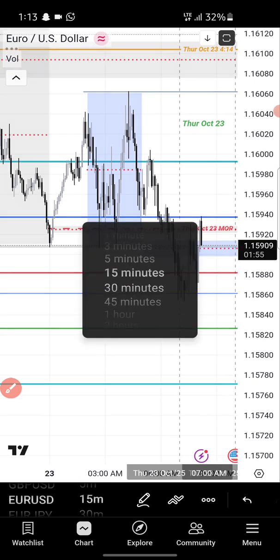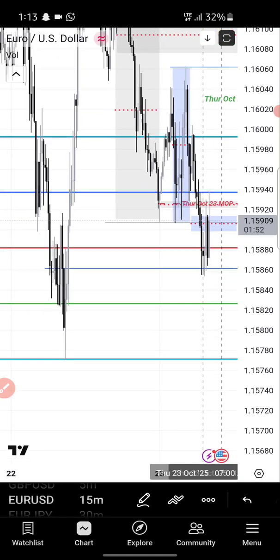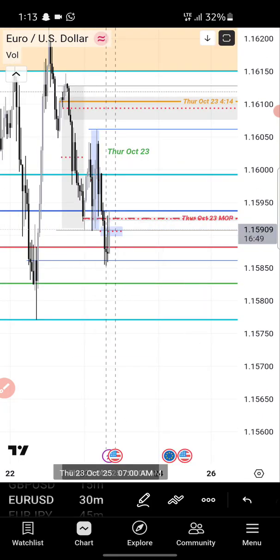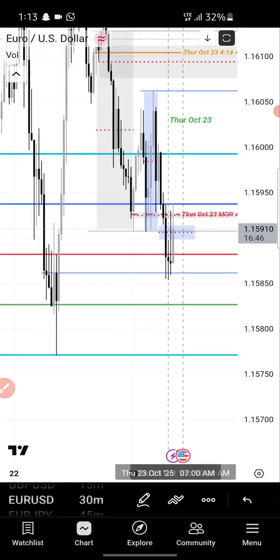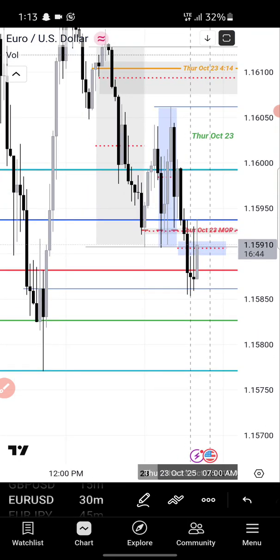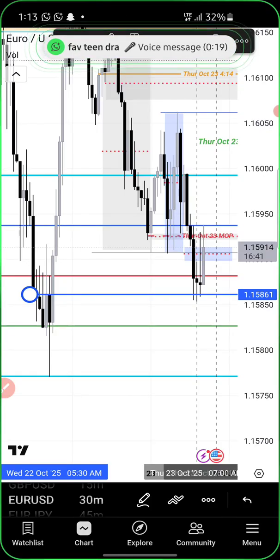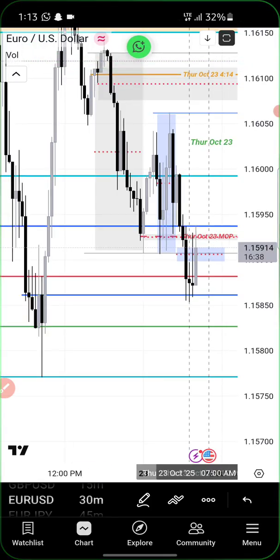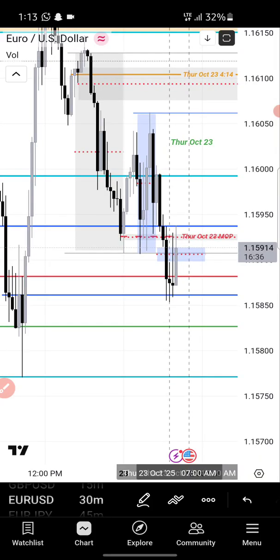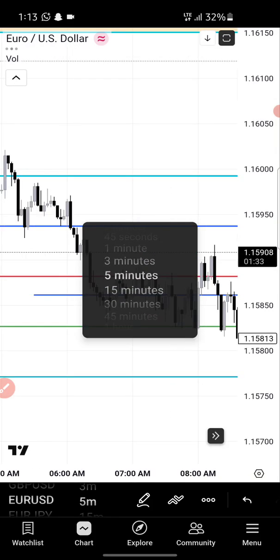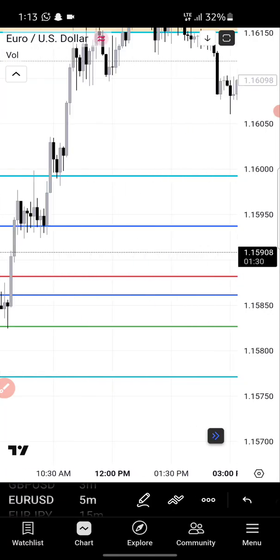So in the 15 minutes, look at what happened. On the 30 minutes, what happened was that we tapped into this other block right here. In the 15 minutes, we tapped into the other block right there. So we're seeing that retracement. Let's see if it actually pans out on the 5 minutes.